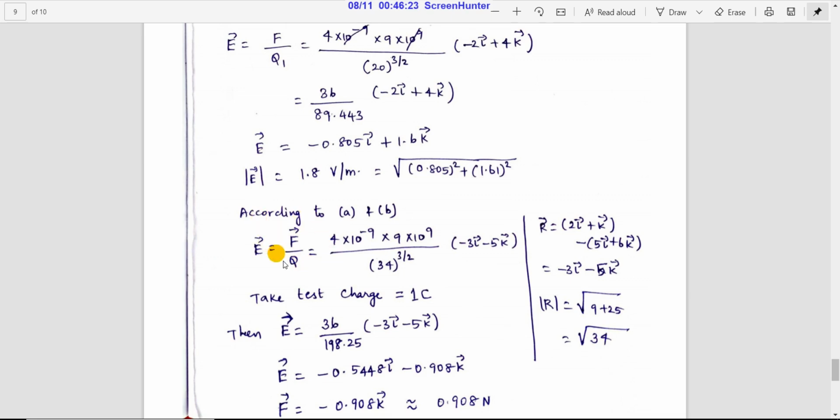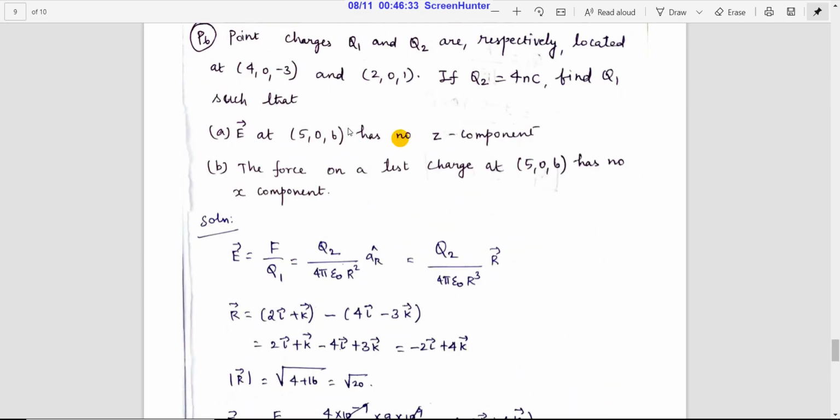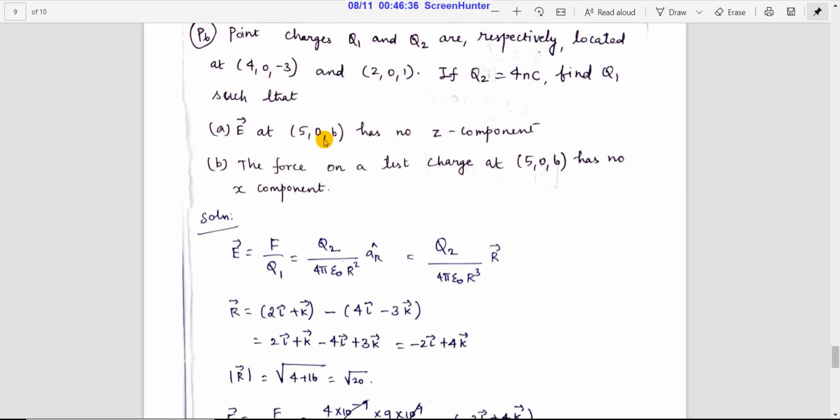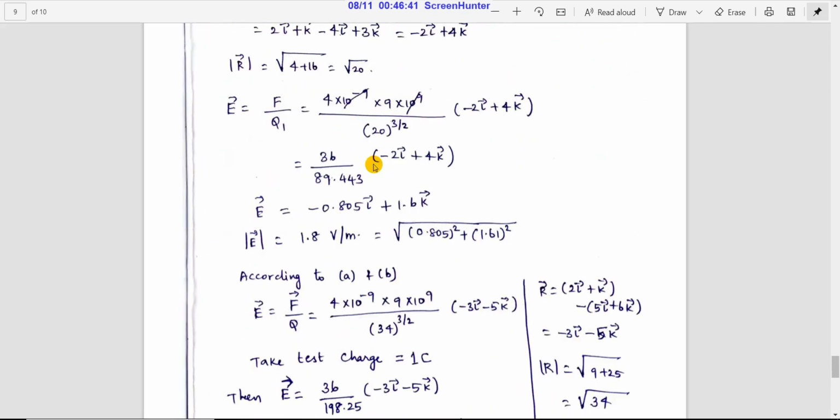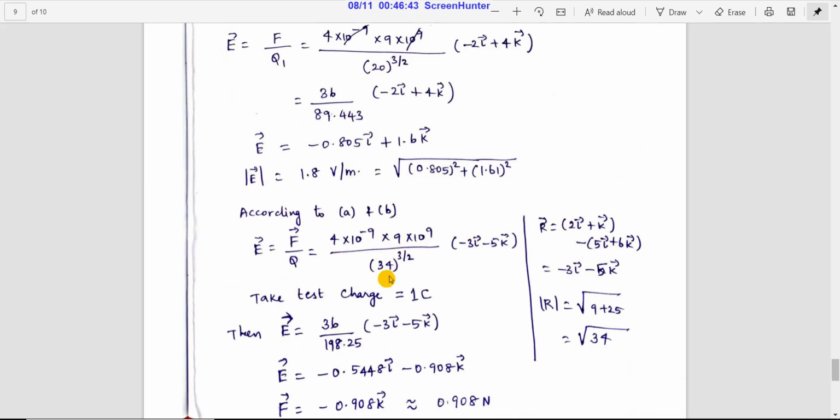So if you substitute the value of electric field in this formula again, because we have calculated on the 4, 0, minus 3, but now we have to calculate on the 5, 0, 6. So our value will change. Now you just apply 4 into 10 power minus 9 into 9 into 10 power 9, that is the value of 1 divided by 4 pi epsilon naught.